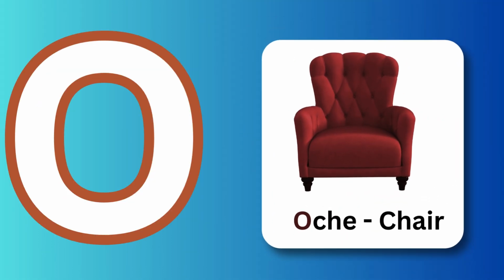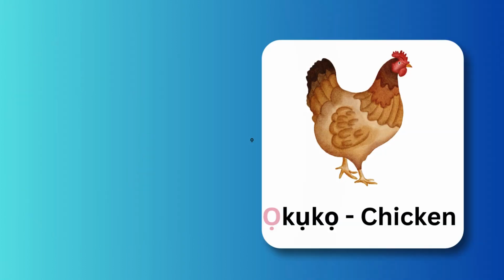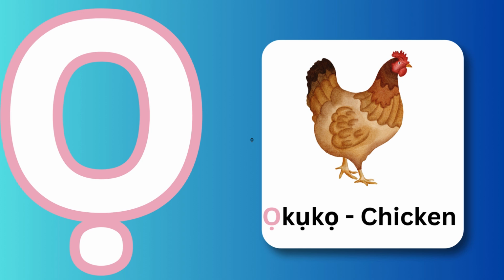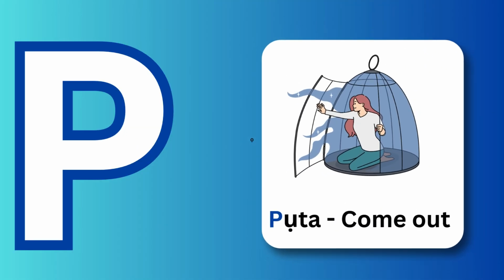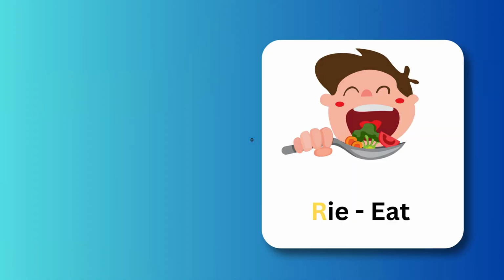O dịka na oche, that is chair. Ọ dịka na ọkụkọ, that is chicken. P dịka na pụta, that is come out.